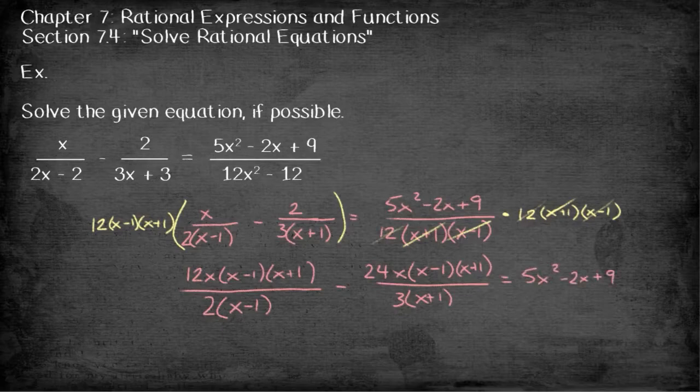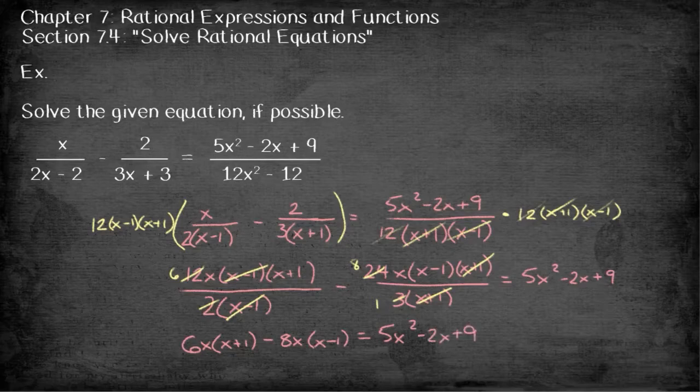All right, and again, lots of stuff's going to drop out, so that's nice. And while it's not ideal, we don't have rational expressions anymore. We just have regular old polynomials, which is a whole lot better.